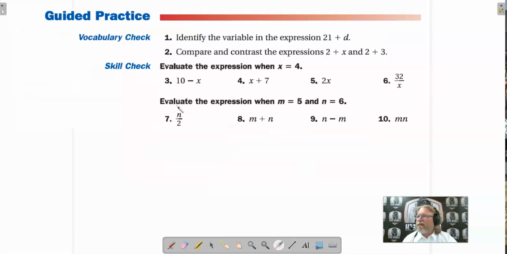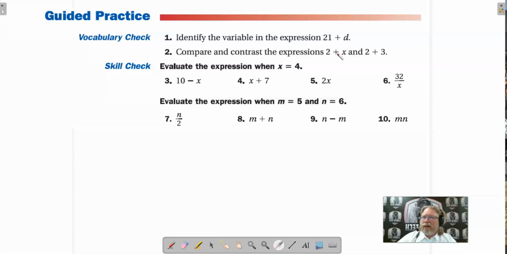So we have some practice here. We say identify the variable in the expression 21 plus D. Well, we know that variables are symbols that represent a value that can change. So this D is the symbol, so D is the variable in this expression. Compare and contrast the expressions 2 plus X and 2 plus 3.